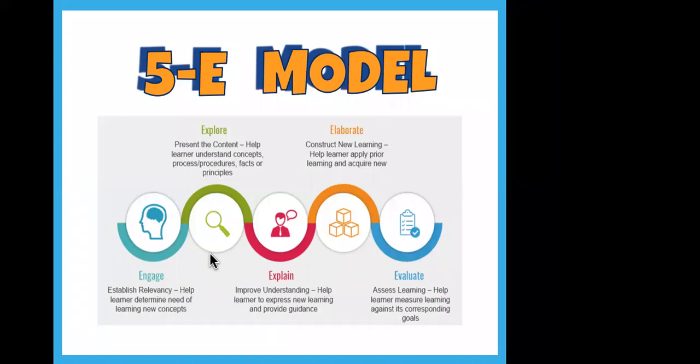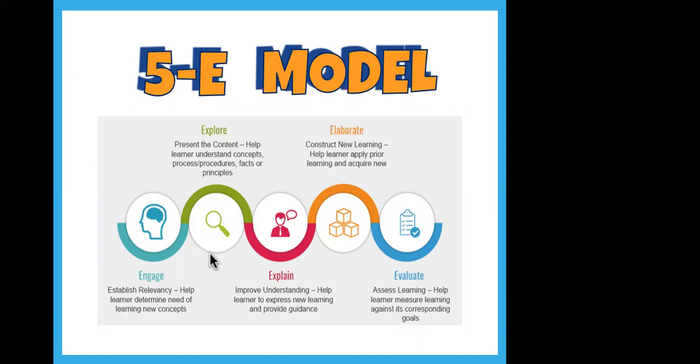It begins with an engage activity. There are 5 Es in the 5E model. The first one is engage. The engage is intended to pique the curiosity of your students, and it's intended to be maybe like a quick teacher demonstration. And it helps teachers determine if there are some misconceptions that might need to be addressed.